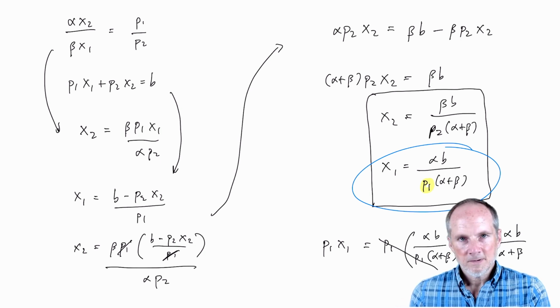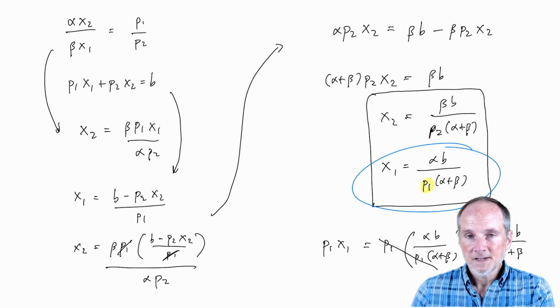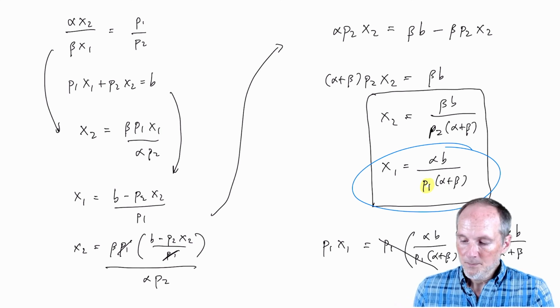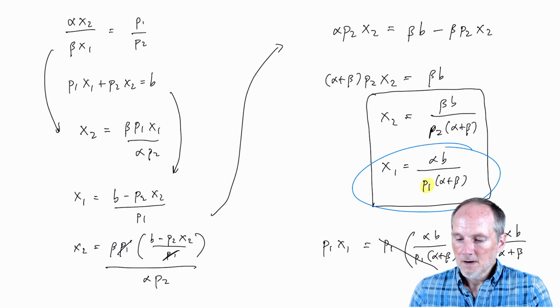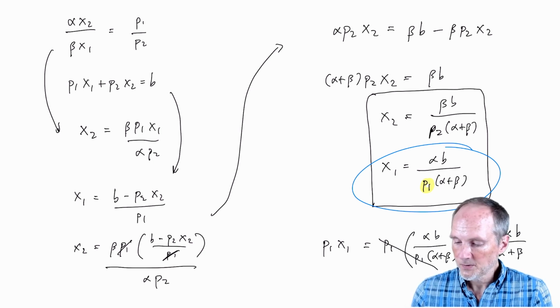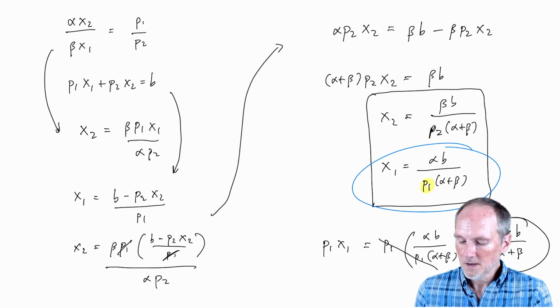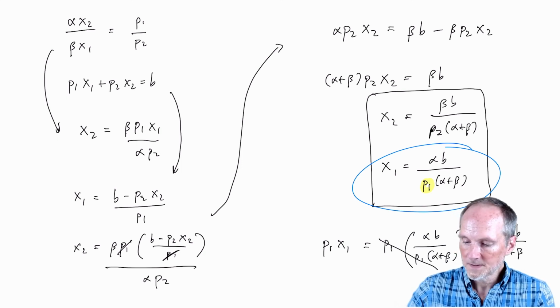You can play around with this even more. You can think about changing alpha and beta, right? If alpha increases, the weight on the consumption of good 1 increases, and then you can see that the amount spent on good 1 increases.